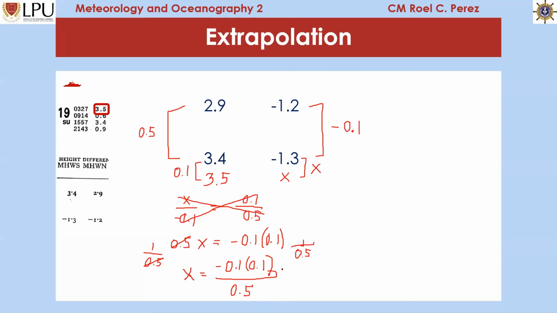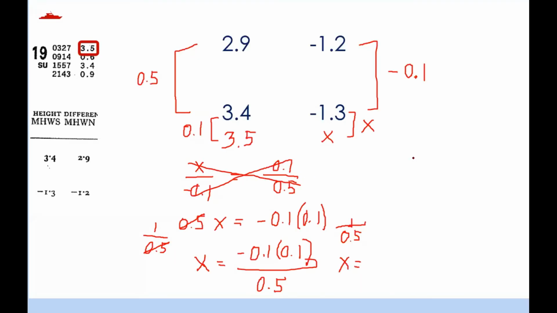So ilan? x will be, pakisolve nyo nga dyan sa calculator nyo, because if I will access the calculator, I will stop sharing, so that I will not go out from this. Negative 0.02, sir. Negative 0.02, tama.